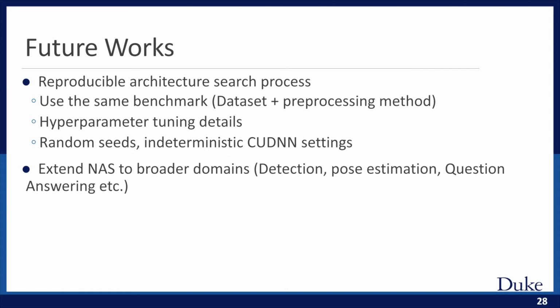How to regulate the random seeds, nondeterministic CUDA cuDNN settings, and so on and so forth, to ensure reproducibility and also ensure fair comparison across different methodologies. We also extend NAS to broader domains like detection, pose estimation, question answering, and so on. And there have been some works in our group on this line.